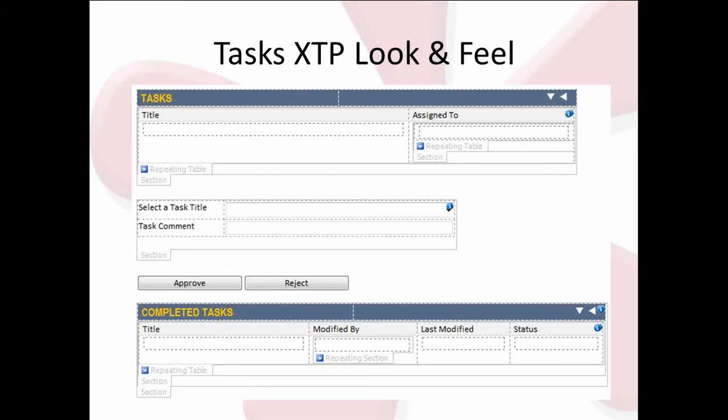And in the middle part, there is a section that shows a drop-down where you can select the task title that you want to approve or reject. And underneath the buttons, there is a completed tasks section that shows all the completed tasks for the particular form where this task XTP is injected to.